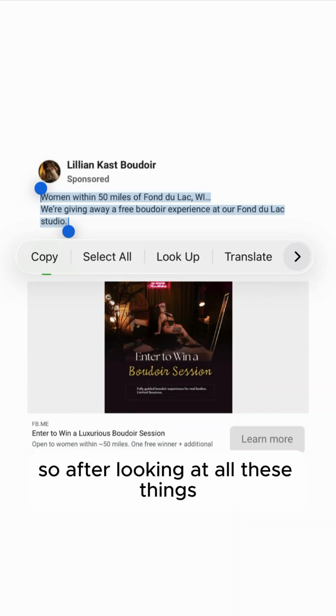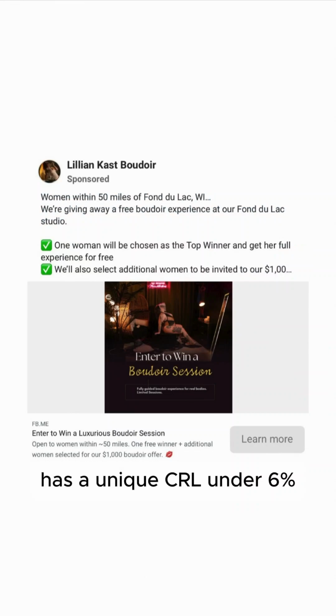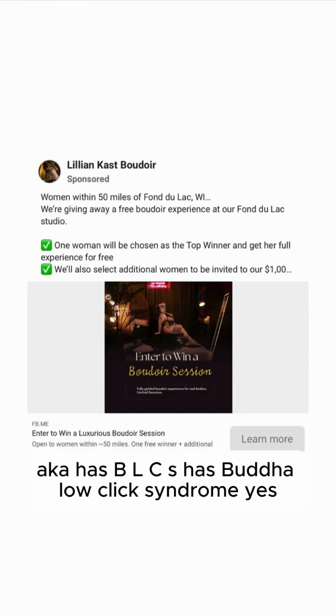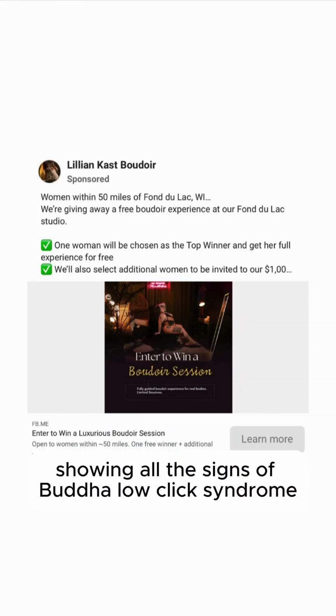So after looking at all these things, I believe this Boudoir Facebook ad has a unique CTR under 6%, aka has BLCS, has Boudoir low click syndrome. Yes, I do. I believe this, showing all the signs of Boudoir low click syndrome.